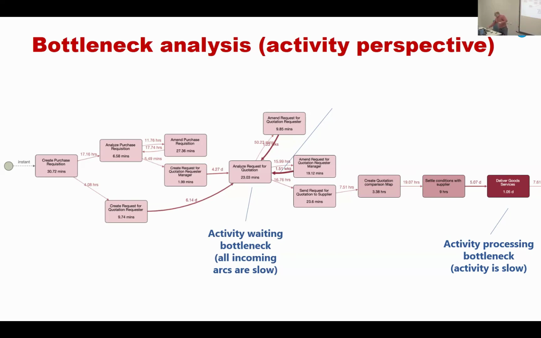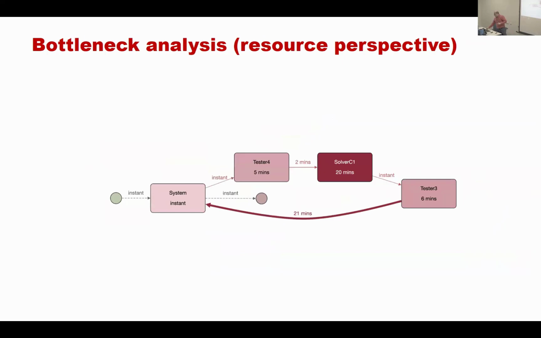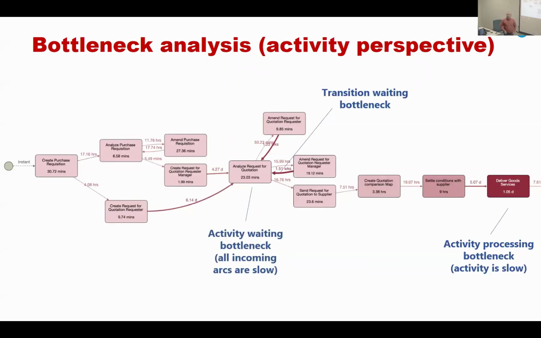And the activity processing bottleneck is the place where you could potentially reduce resource costs, because the processing time determines the resource cost. It is effectively proportional to the amount of person hours I am spending executing this task, and the number of person hours I spend executing a task is related to the cost of that task. So all three things are very important.